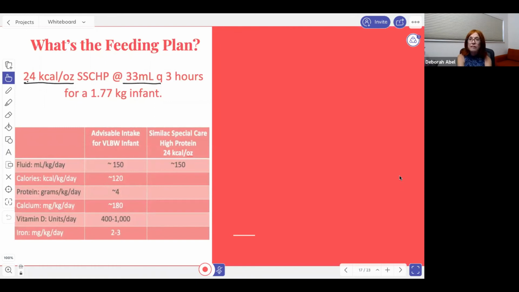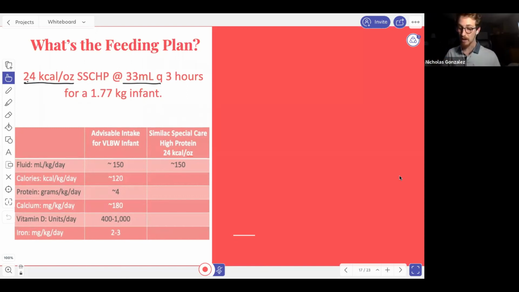And that is very, very important to brain growth. Remember, the brain is developed in that last trimester, so we're not at term yet. It's very important that they get adequate protein. All right, let's see what your calculations come out to.